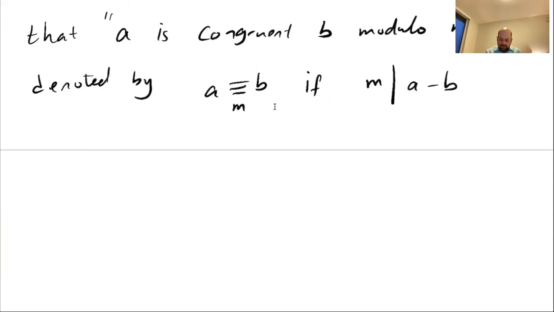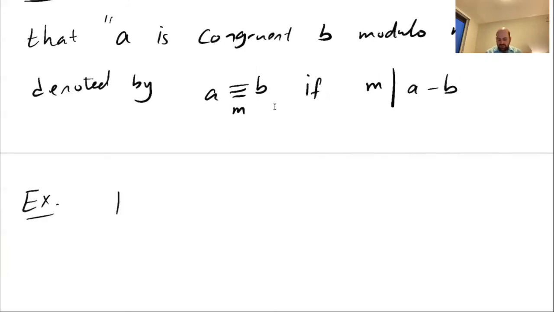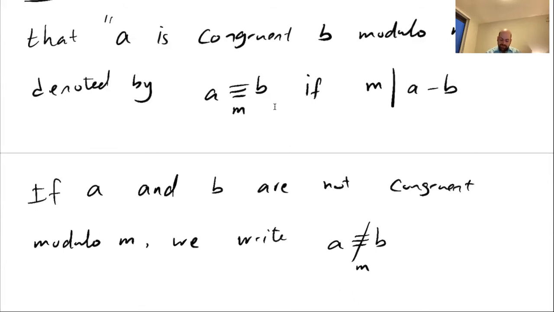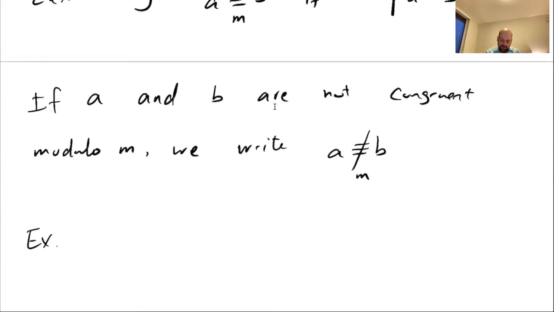So let's look at an example. Before giving the example, if a and b are not congruent modulo m, we write a is not congruent b modulo m. Now example, let's say 12 and 5 modulo 3.